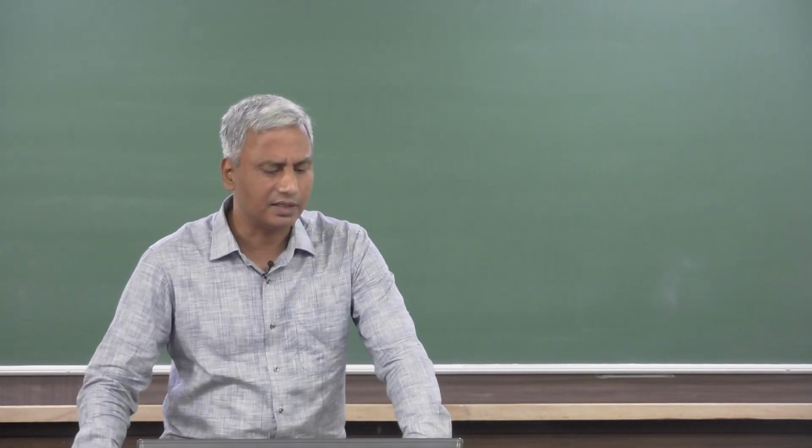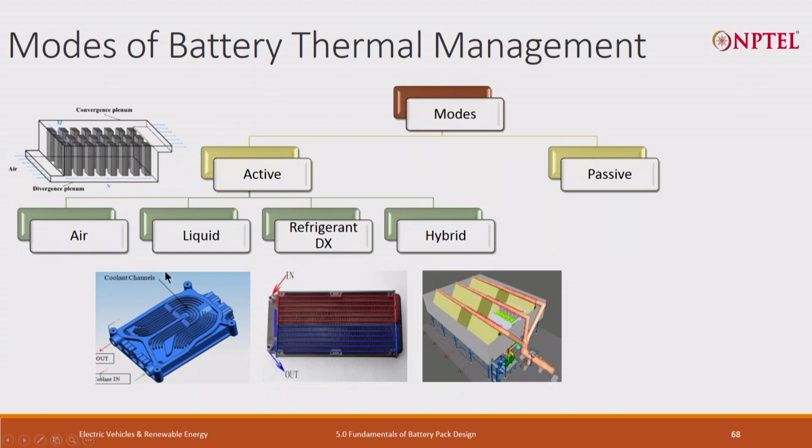In all these cases, you consume energy, and that energy comes from the battery pack itself. However, it becomes important because you need to keep the battery pack between 15 to 35 degrees centigrade for the best life, and in such cases the cost can be justified. Not only the cost, your battery pack also has to be of moderately large capacity.